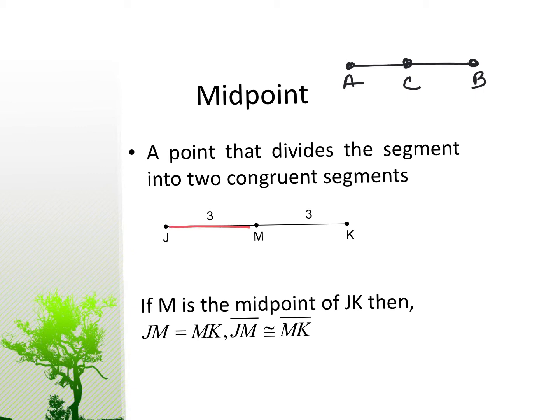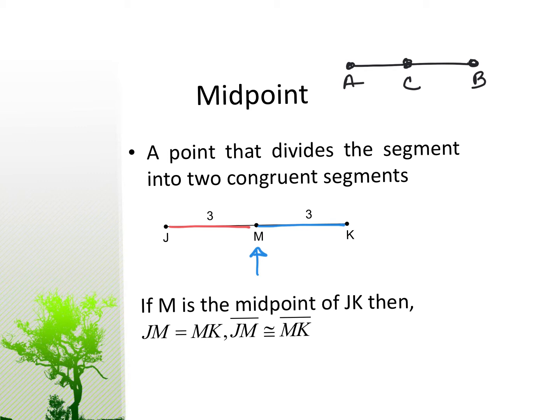For example, JM has a length of 3, and so does MK. So if they have labeled the two individual little segments with numbers, and if those numbers are the same, then you can conclude that M is the midpoint. Another way that you can tell that a point is the midpoint is by congruency marks.